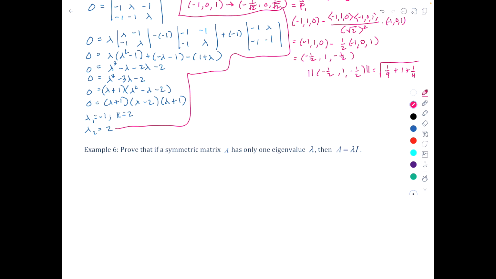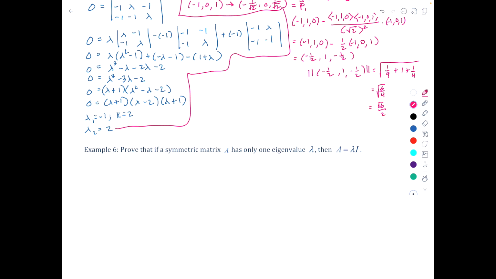That gives us 2/4 plus 4/4 is 6/4, equals root 6 over 2.